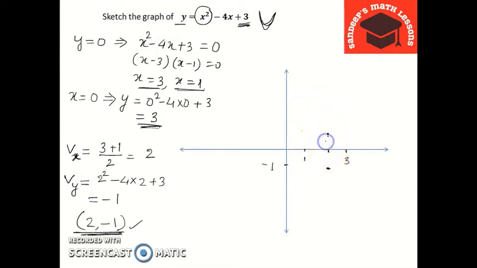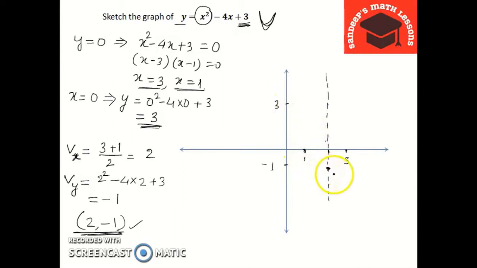And this, x equals 2, will also be our line of symmetry, since parabolas are symmetrical about the axis. And what about the y coordinate? The y coordinate is 3.